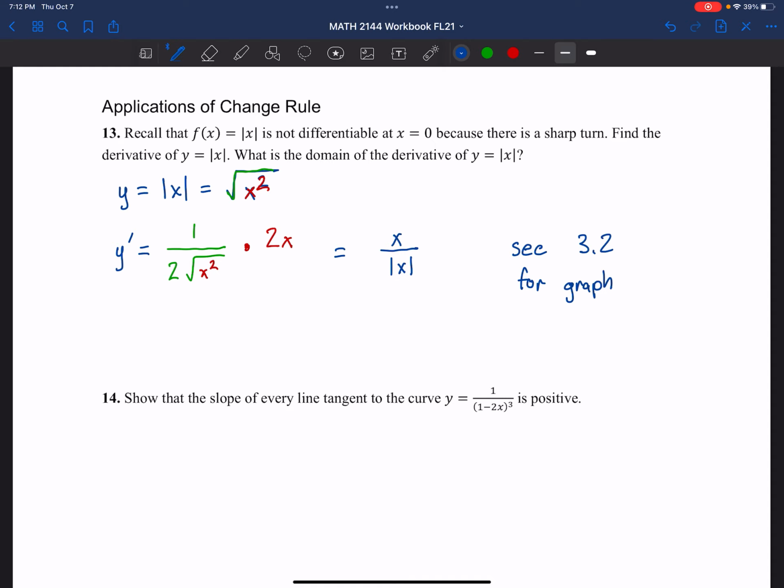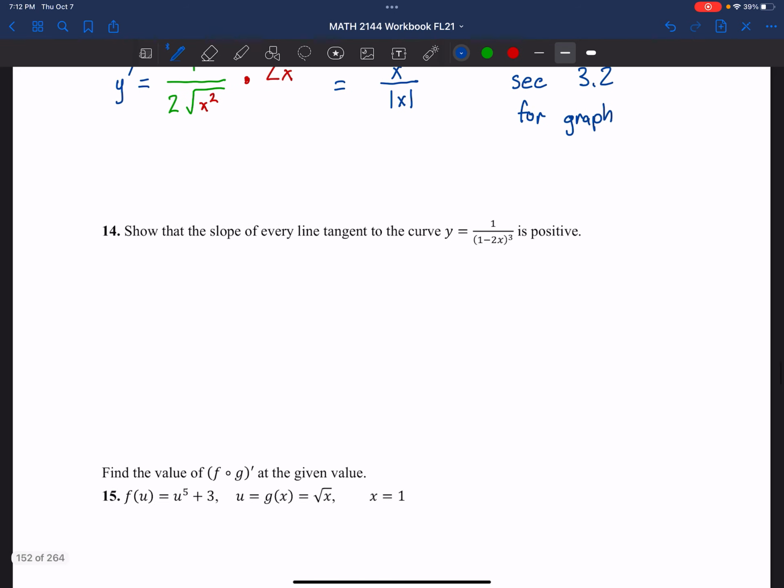The other thing we could also use the chain rule for is to simplify or get rid of the need for the actual quotient rule. So I'll use this example right here to provide some context, but we can rewrite that given function as y equals (1 minus 2x) to the minus 3, just using basic properties of exponents to bring that out of the denominator.